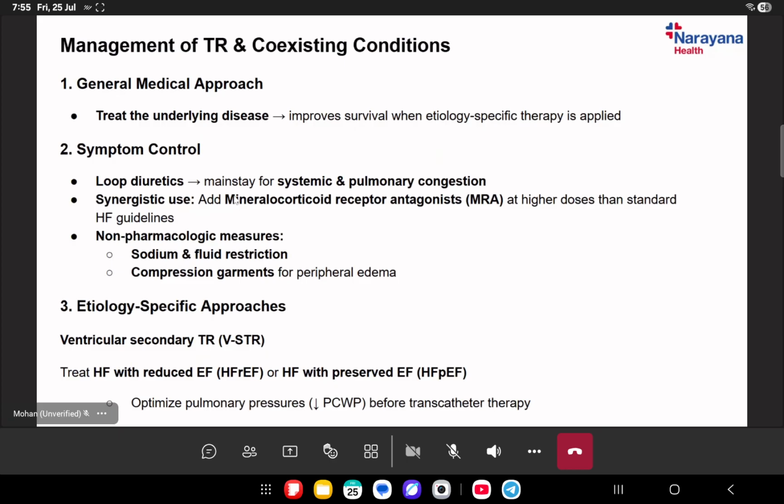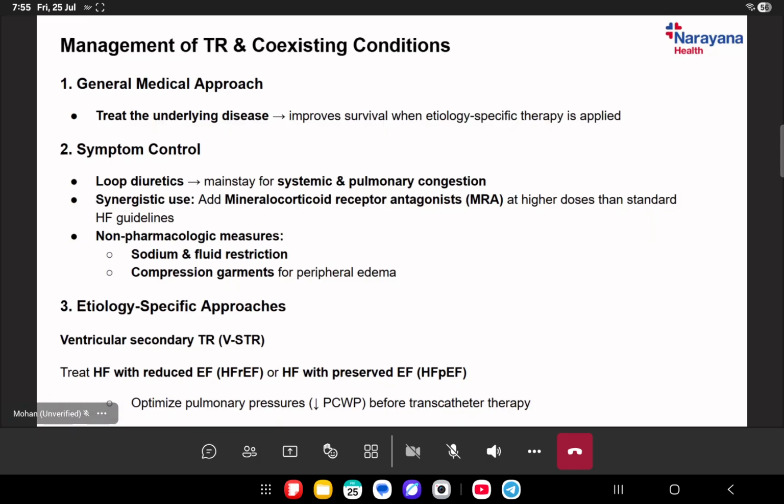For symptom control, we use diuretics, loop diuretics along with some aldosterone antagonists like spironolactone or eplerenone. Non-pharmacological measures are sodium and fluid restriction and compression garments for peripheral edema.